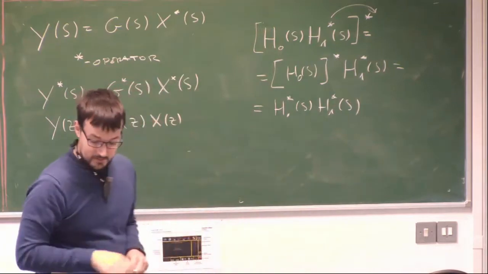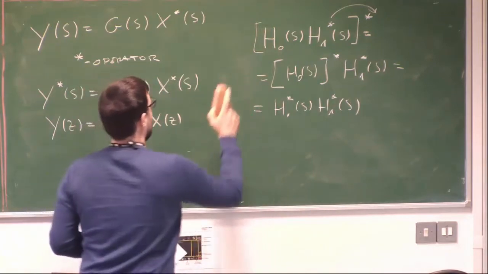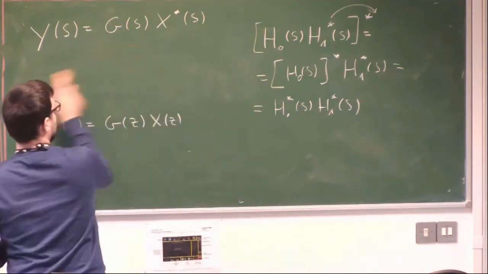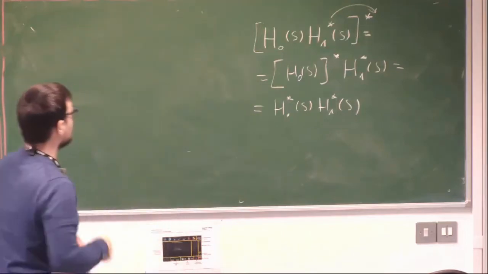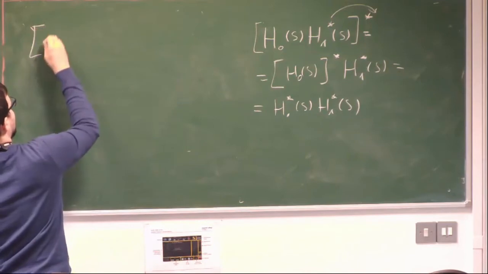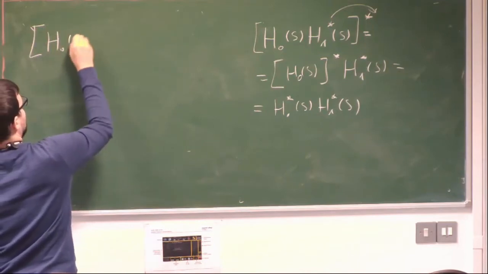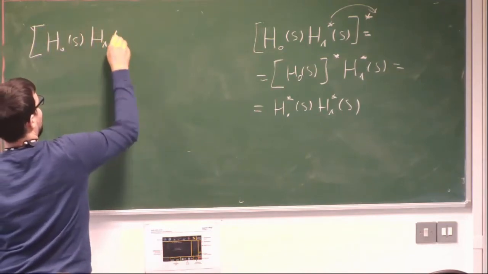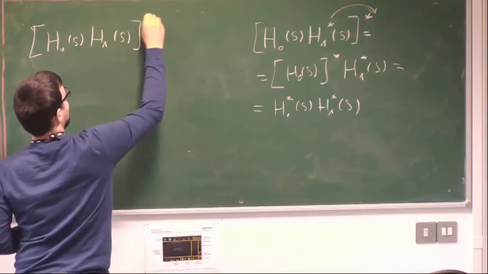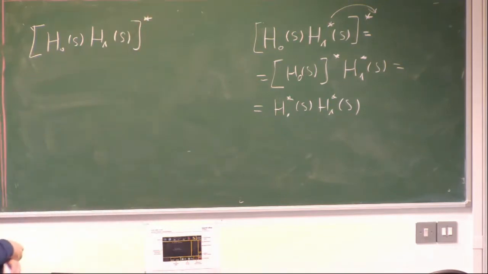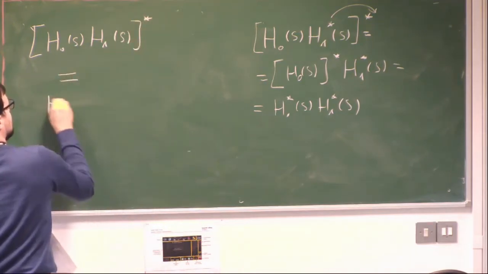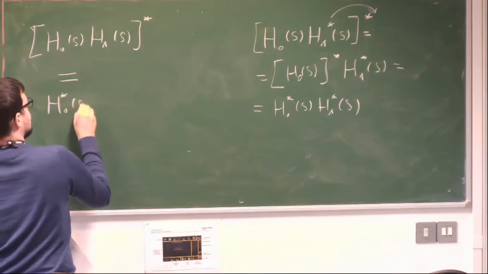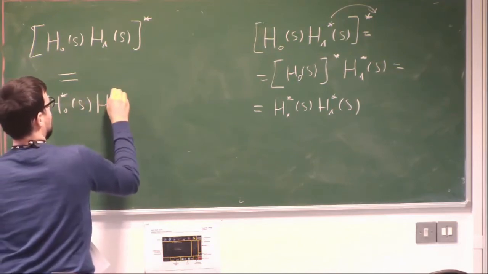But what happens if instead of having h1 star, we have just h1? If instead we have the star operator applied to h0 of s times h1 of s, all starred, we cannot do anything about this. We cannot say that this is equal to h0 star of s times h1 star of s.